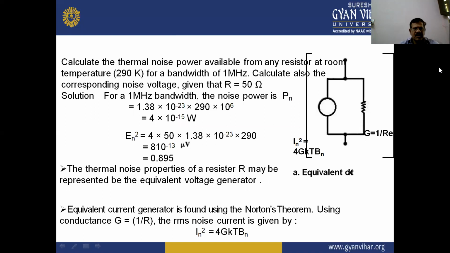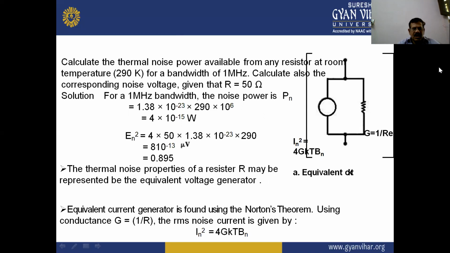Now this is an example: calculate the noise voltage. Thermal noise power available from any resistor at room temperature, 290 Kelvin, for a bandwidth of 1 megahertz. Calculate also the corresponding noise voltage, given that R equals 50.